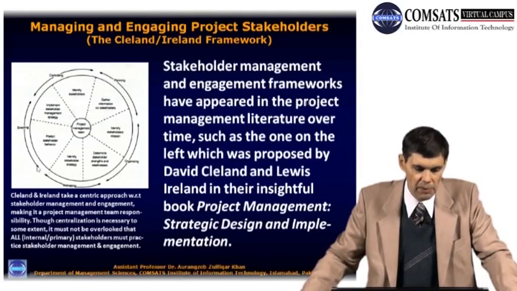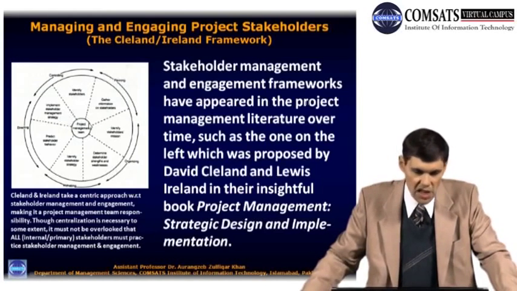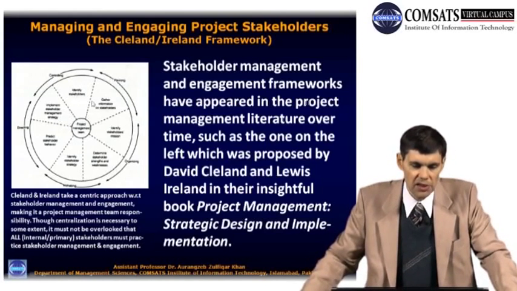Coming back here to stakeholder management and engagement, look at this circle which Cleland and Ireland have presented over here. You can see it's composed basically of 3 layers. Here is an innermost layer representing the project management team. Then you have a second layer around this innermost layer.